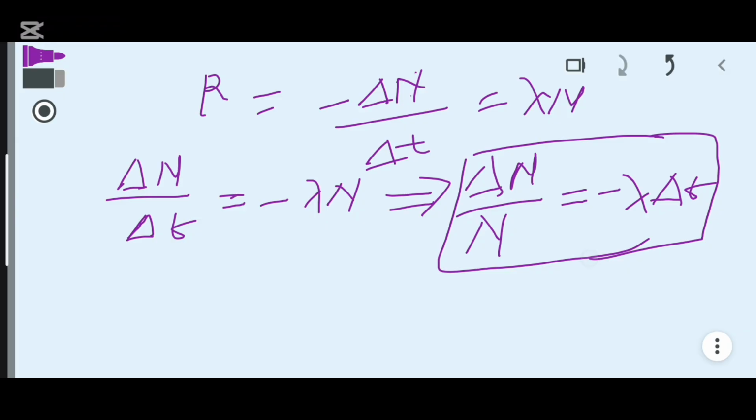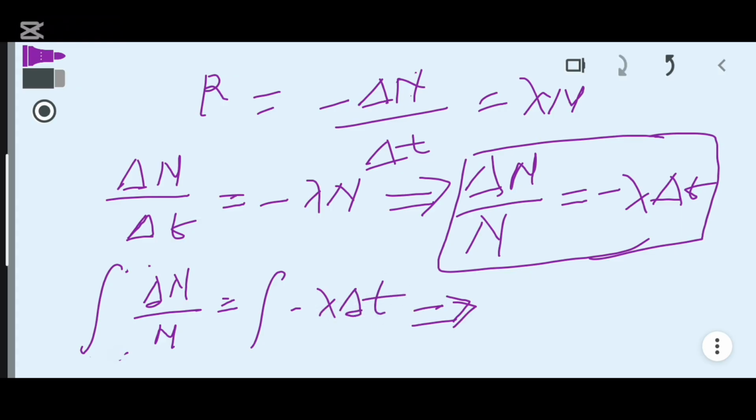Now we have the integral of dN over N equals the integral of minus decay constant times dt, having an upper limit N and a lower limit N naught. Our upper limit is N, our lower limit is N naught.